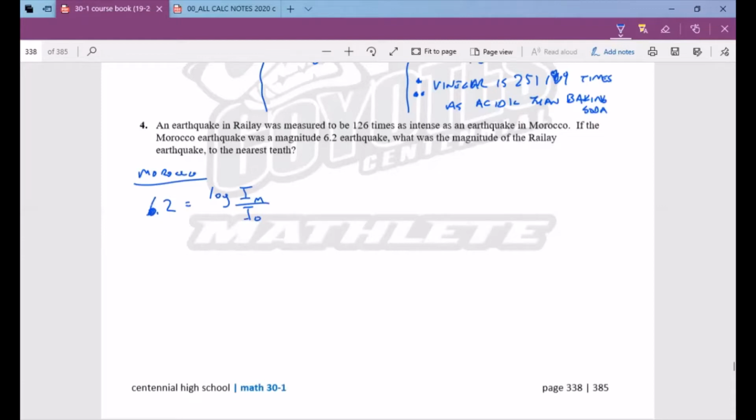Swapping this around, IM over I naught is equal to 10 to the 6.2, so IM is equal to I naught times 10 to the 6.2.